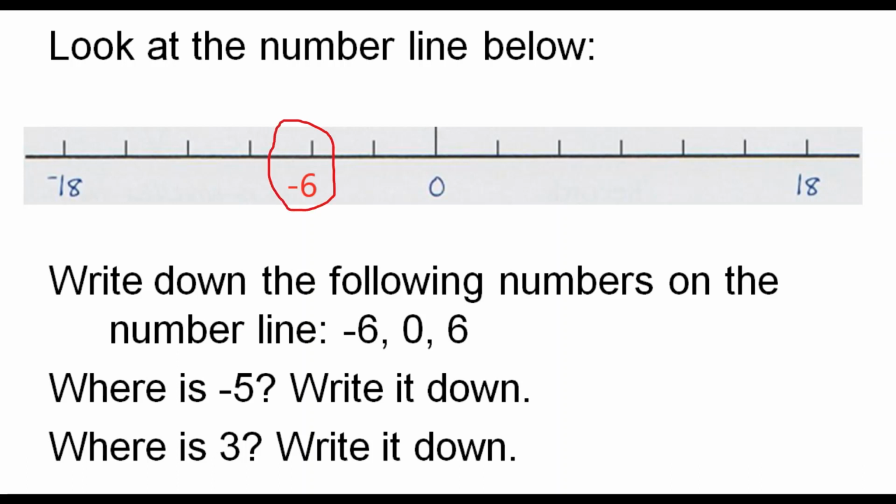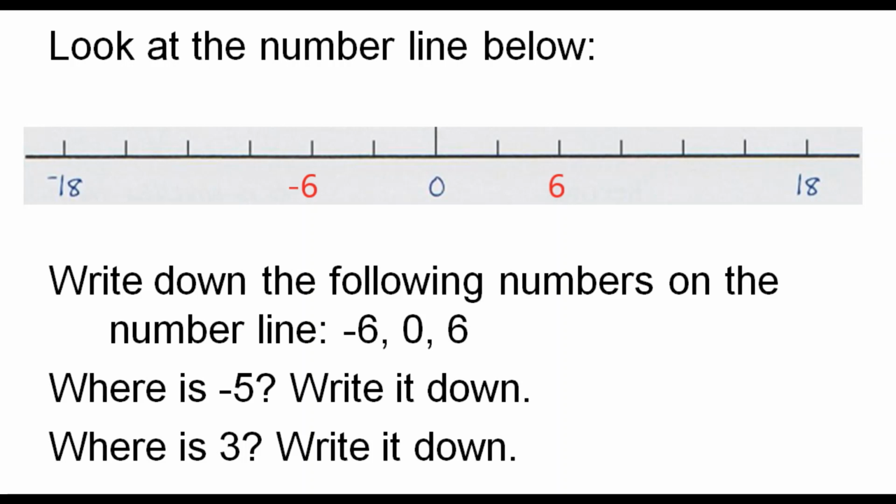Then 0 is already there. The next number on the line is negative 3, then there's 0, and you saw where I had already labeled 6 on the number line. So that's our answer for those numbers.